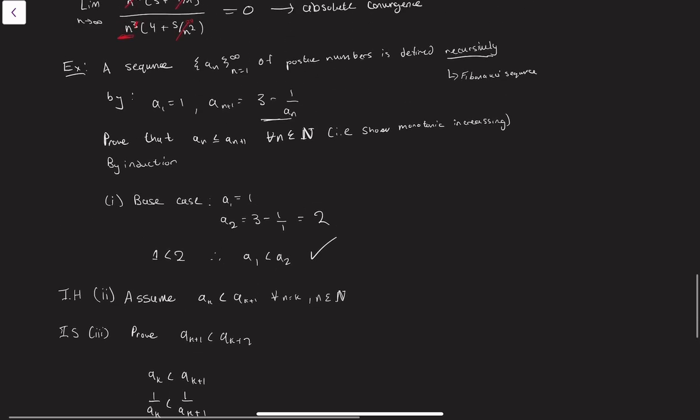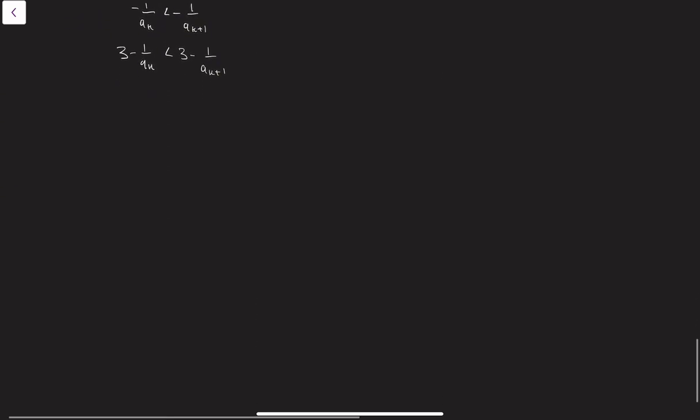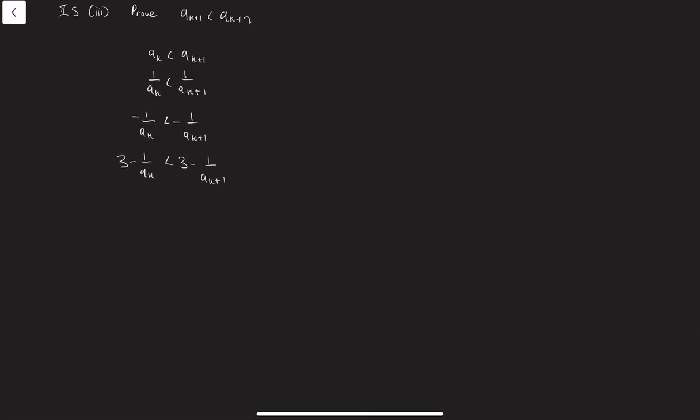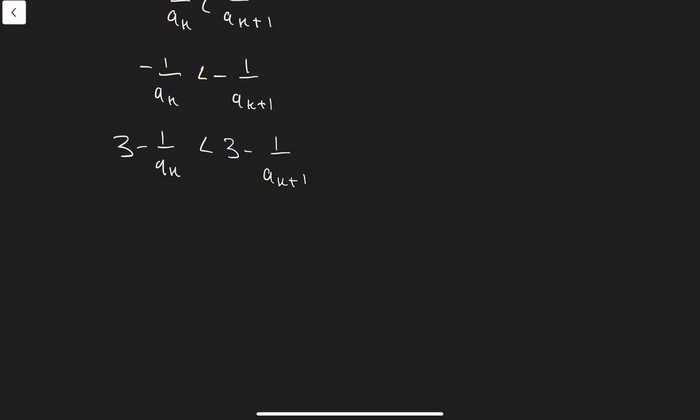Well, let's think about this. We said that an plus 1 is equal to 3 minus 1 over an, right? So in that same way, we can say that AK plus 1 is equivalent to this, and therefore AK plus 2 is equivalent to this. So we've arrived at our induction step just by recreating the conditions of our previous sequence.